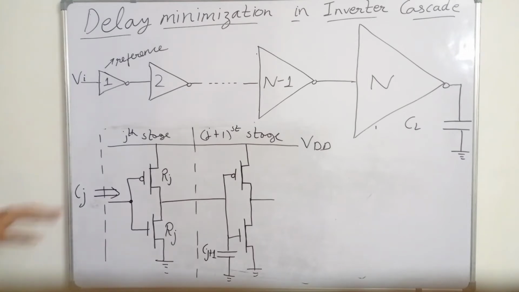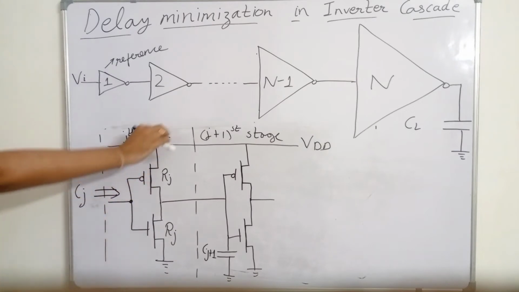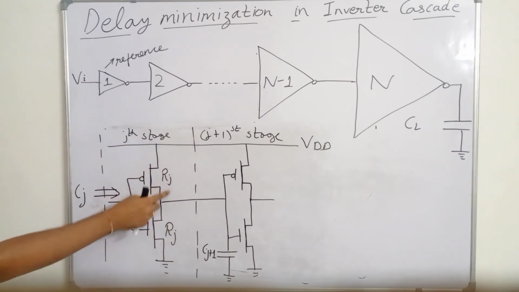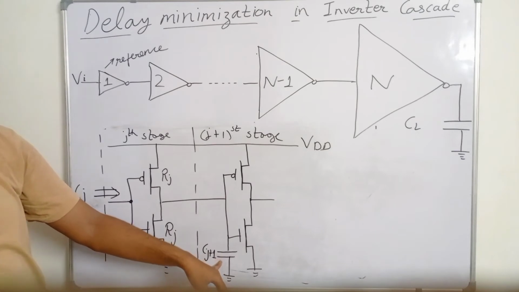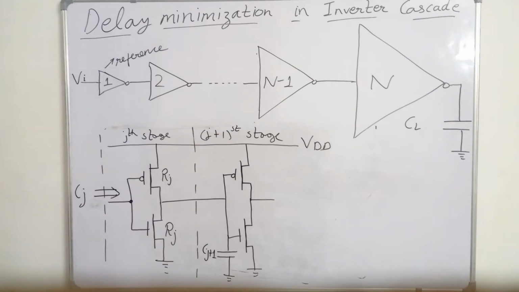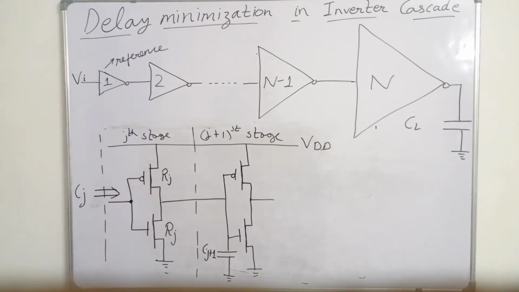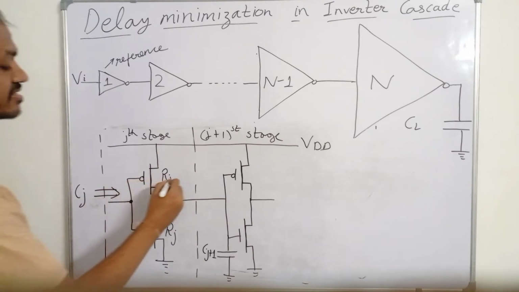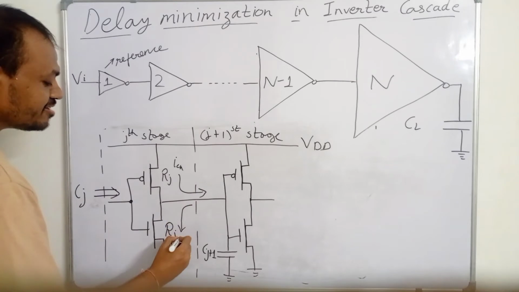Okay, so we can model the stages like this. This is the jth stage, so its resistance is Rj. Then this is the Cj looking into the jth stage. Then this is the capacitance Cj plus 1, so this is the j plus first stage. So the time constant for the jth stage will be equal to Rj into Cj plus 1, because if we draw the direction of currents, then the charging current direction will be like this and the discharging current direction will be like this.